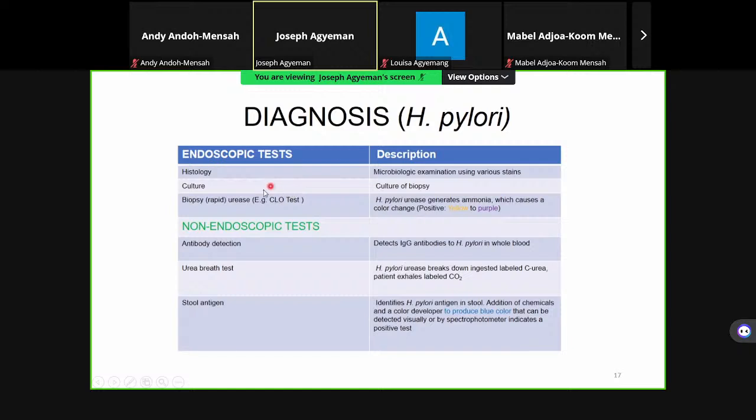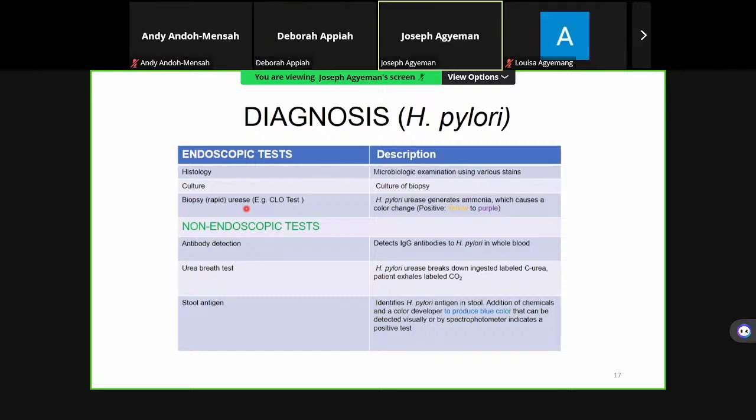So the endoscopic test, through endoscopy, you are able to take cultures and biopsies. You take part of the GIT, the stomach or the duodenum or both. Through endoscopy, you are guided by a camera. You pass a tube, and when it gets to the stomach region, let's say the antrum, where H. pylori normally lives, you take biopsies or samples of that region.